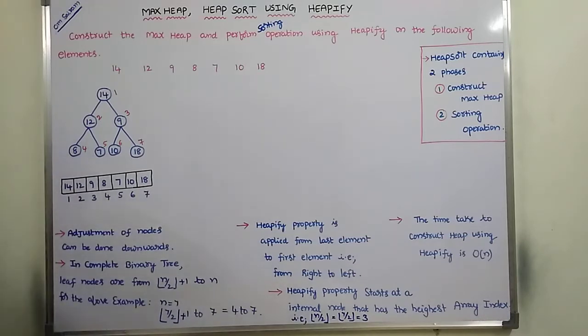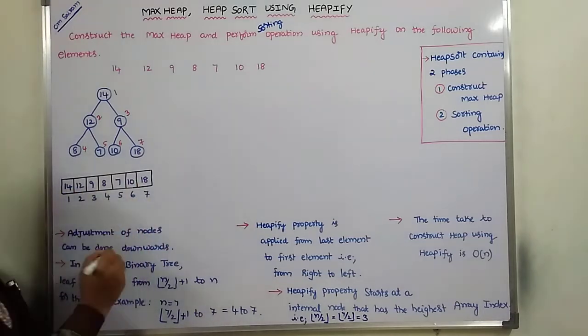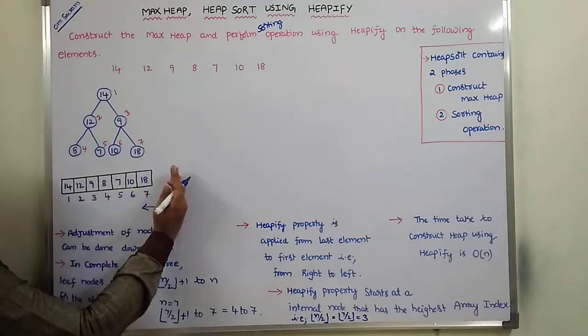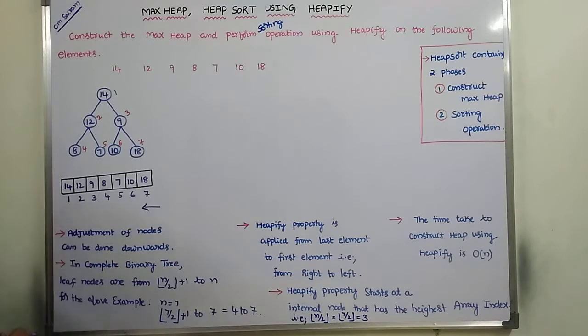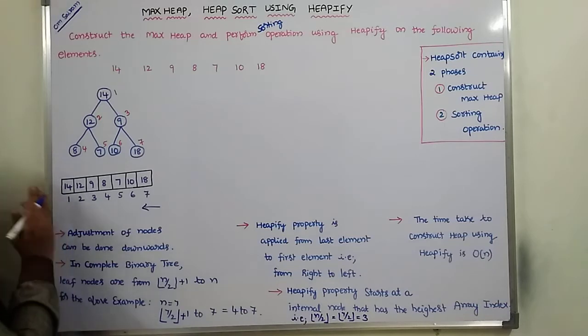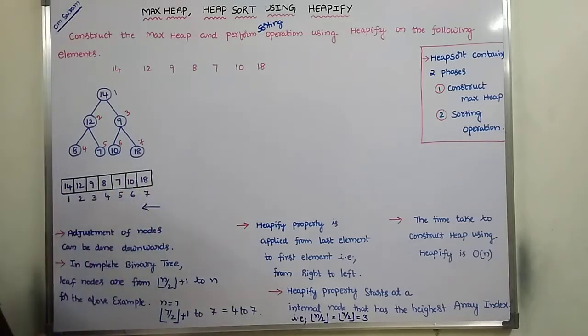Next, here the Heapify property starts from the last node to the first node. That means we have to follow right to left. But in the previous case, we started from the first index to the last index.